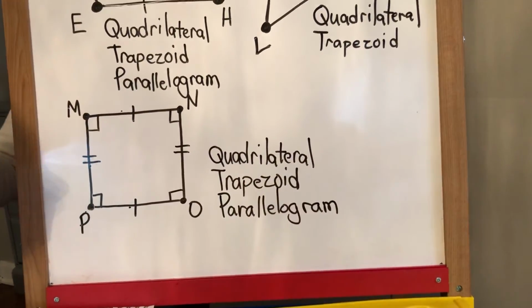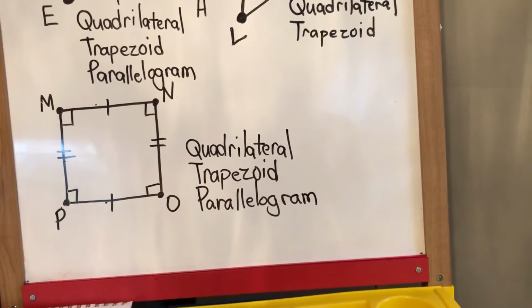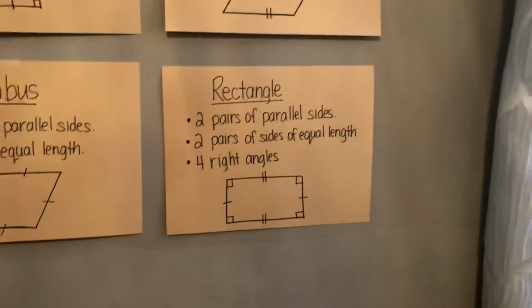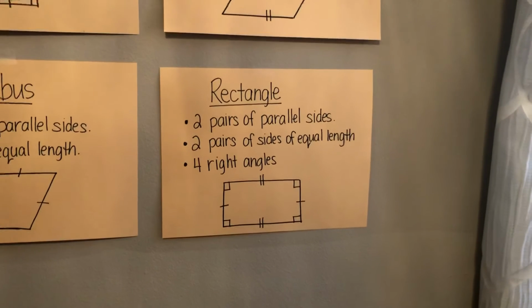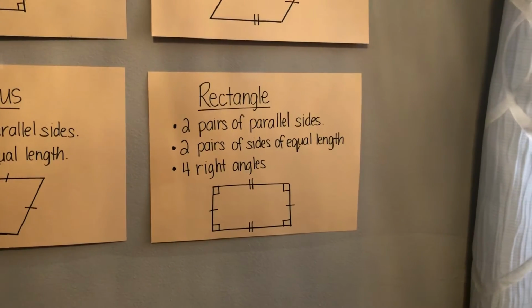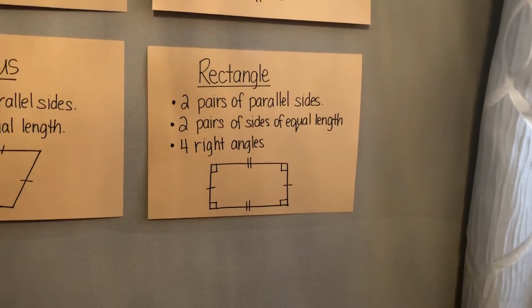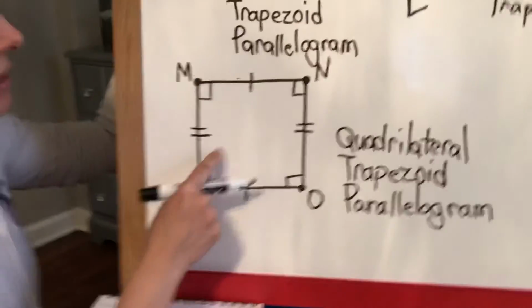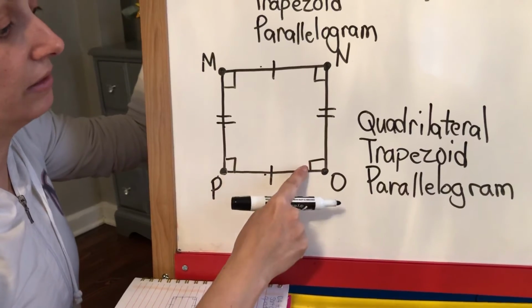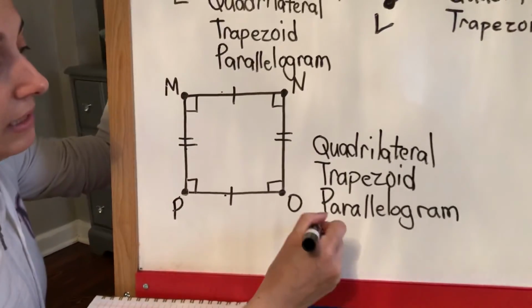Let's continue. A rectangle. Rectangle has the 2 parallel sides. We said it has that. We said it has 2 pairs of sides of equal length. Now the only other thing to make it a rectangle is 4 right angles. Does this have 4 right angles? We see the corners have the little symbol, so this is a rectangle.